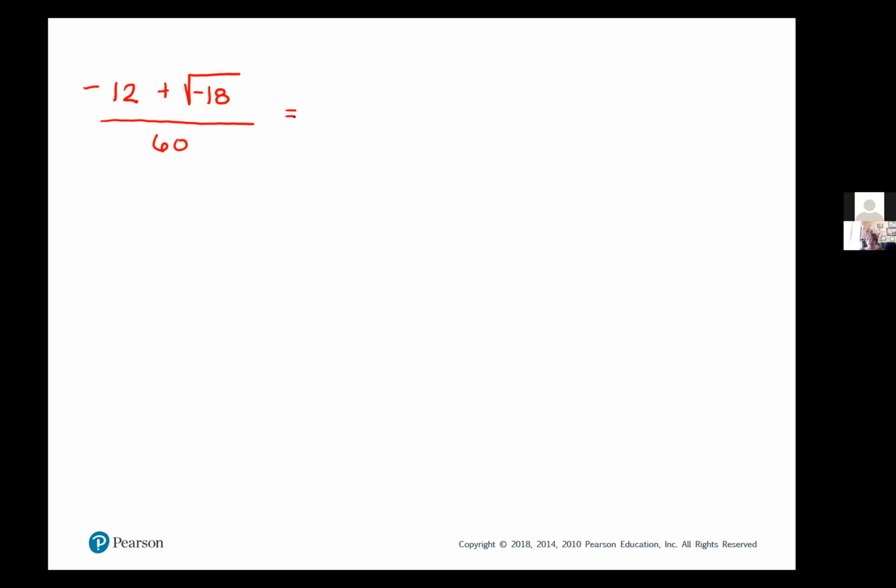All right, is 4 a factor of 18? No. Is 9 a factor of 18? Yes. So you can rewrite this. 18 is 9 times 2. Okay, so you have a property that says that if I have the square root of a product, I can write that as the product of the square roots.